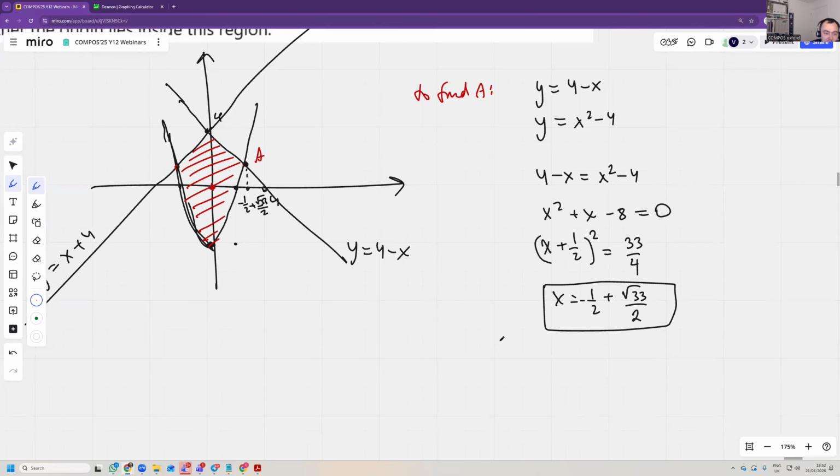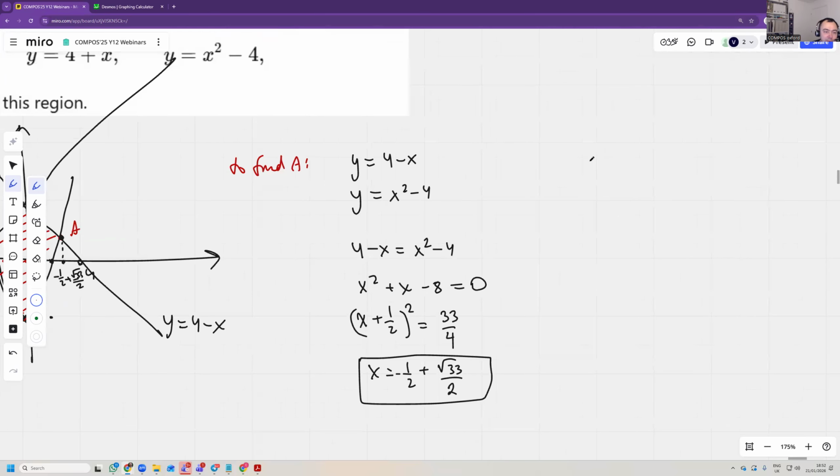And now the left boundary, to find B, we need y equals x plus 4 and y equals x squared minus 4. x squared minus 4 equals x plus 4. x squared minus x minus 8 equals 0.